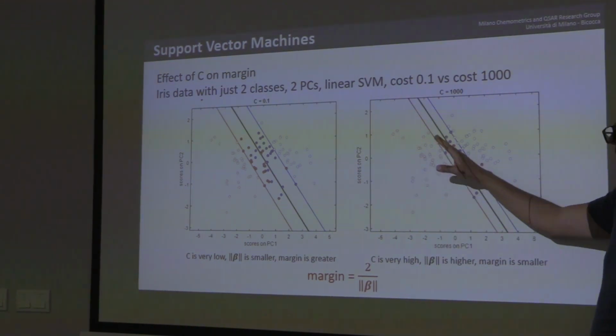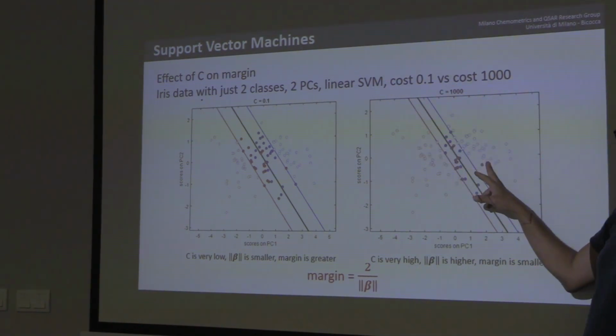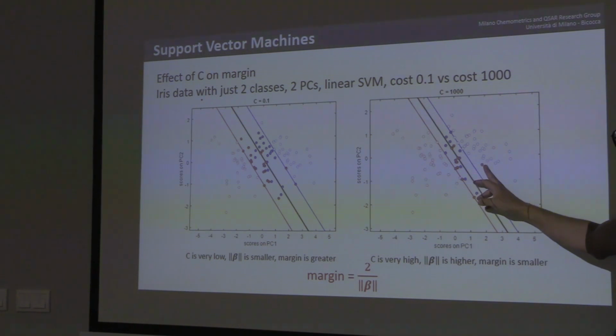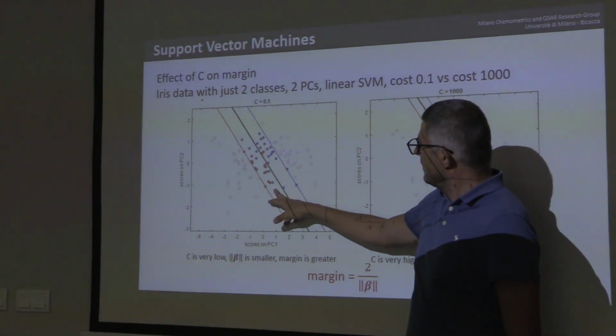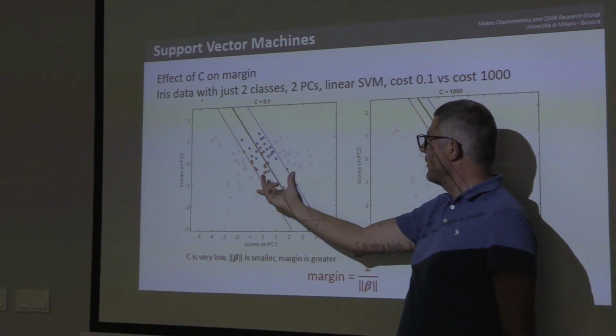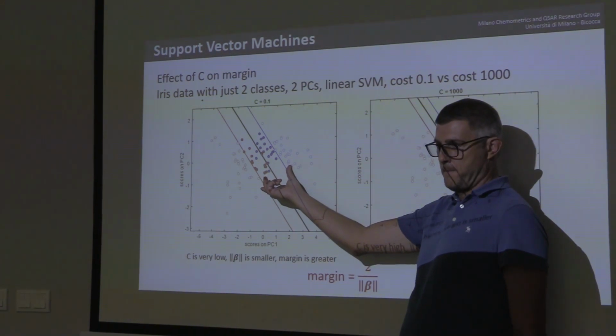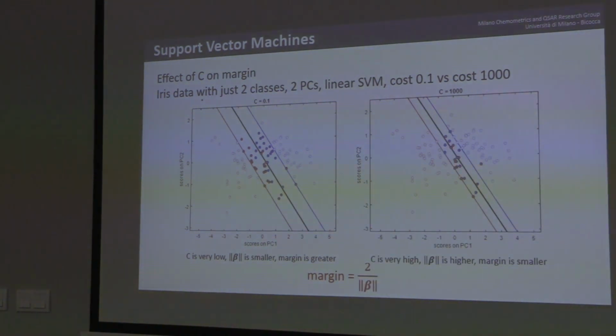All the red samples on the margin or behind the margin are support vectors. Here is when I reduce the cost. The number of support vectors here is higher, of course, because the margin is higher. This is the effect of changing C.